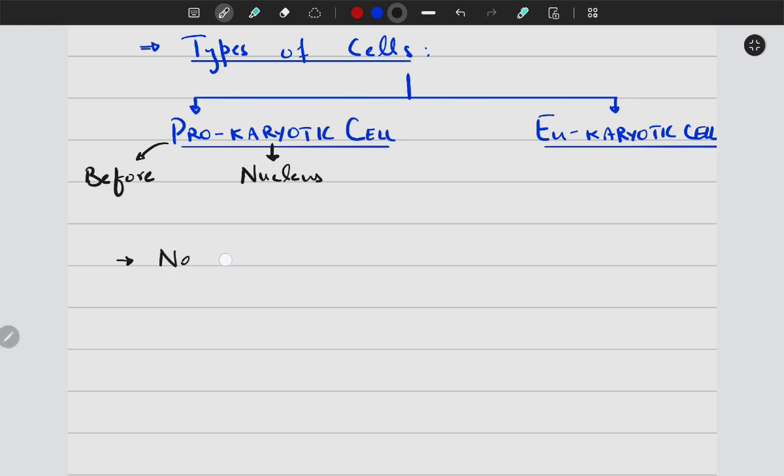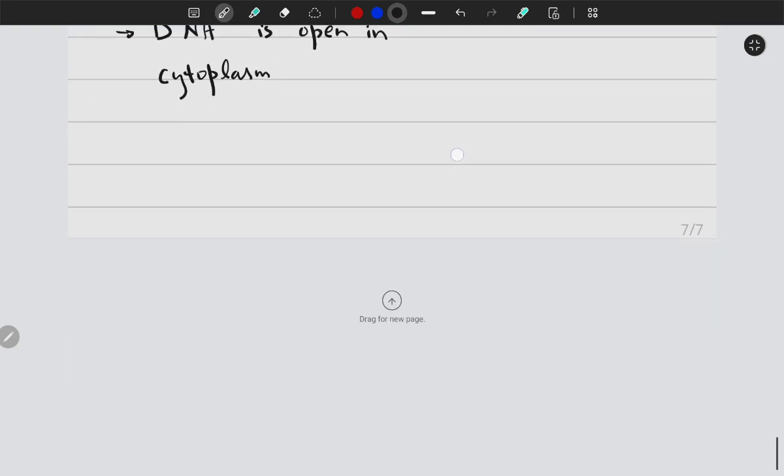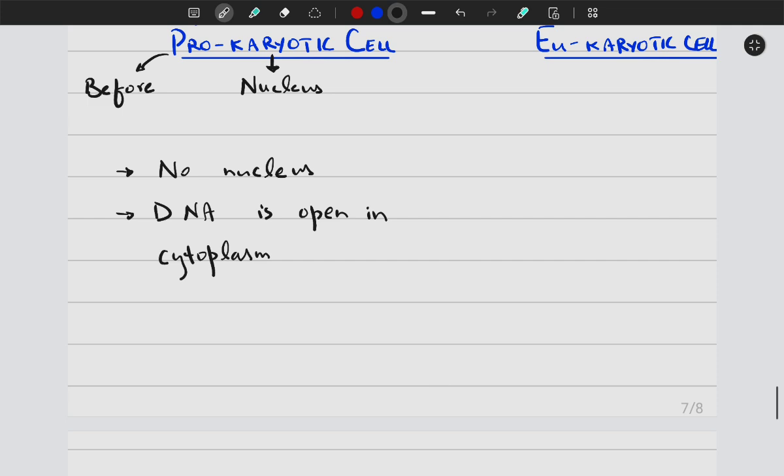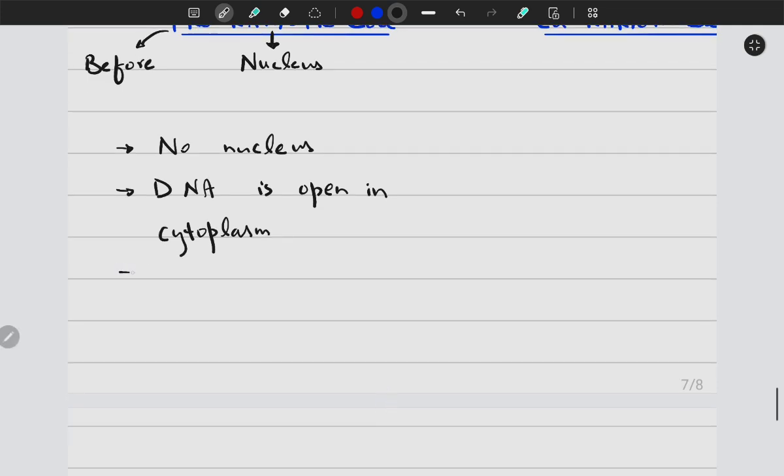So they don't have a nucleus. They do have DNA, but their DNA is openly sitting there in the cytoplasm, usually at the center of the cytoplasm. So no nucleus means their DNA does not have a nuclear membrane around it. Also, they won't have any membrane-bound organelles.